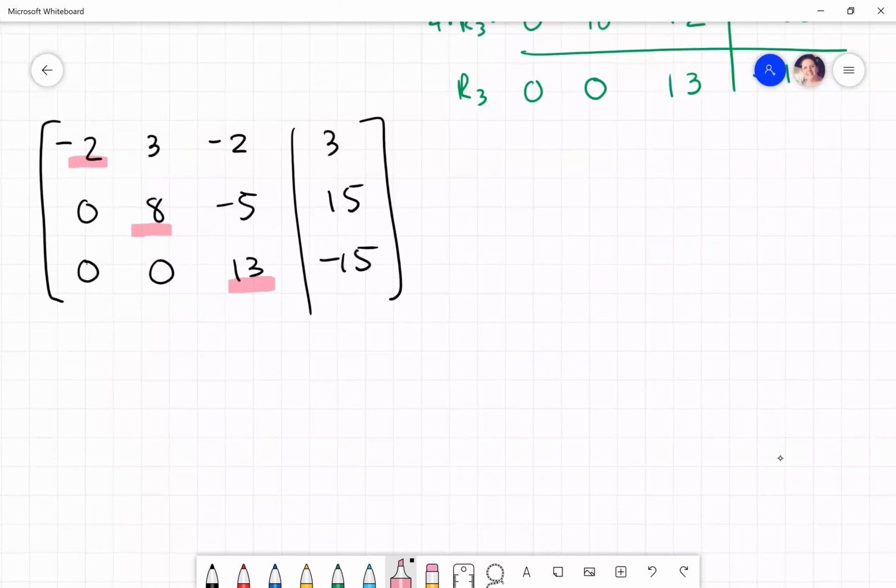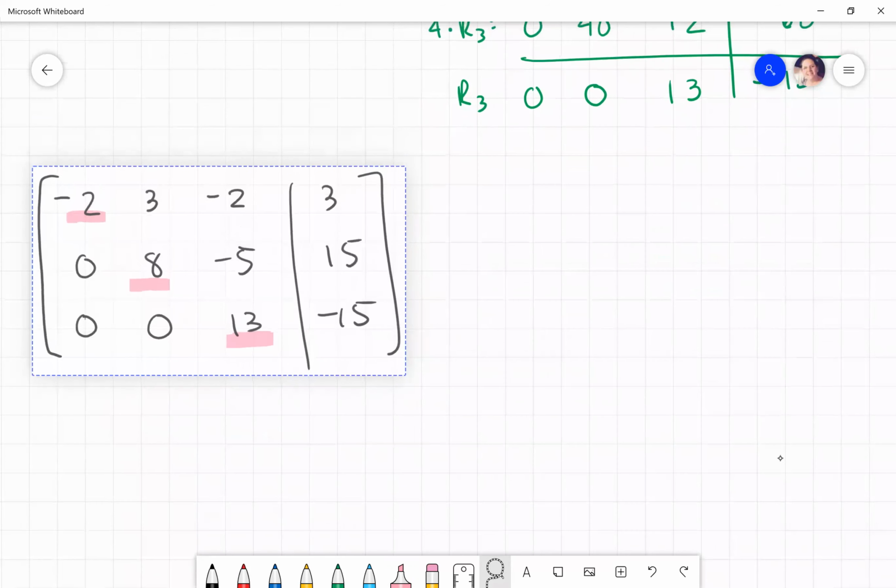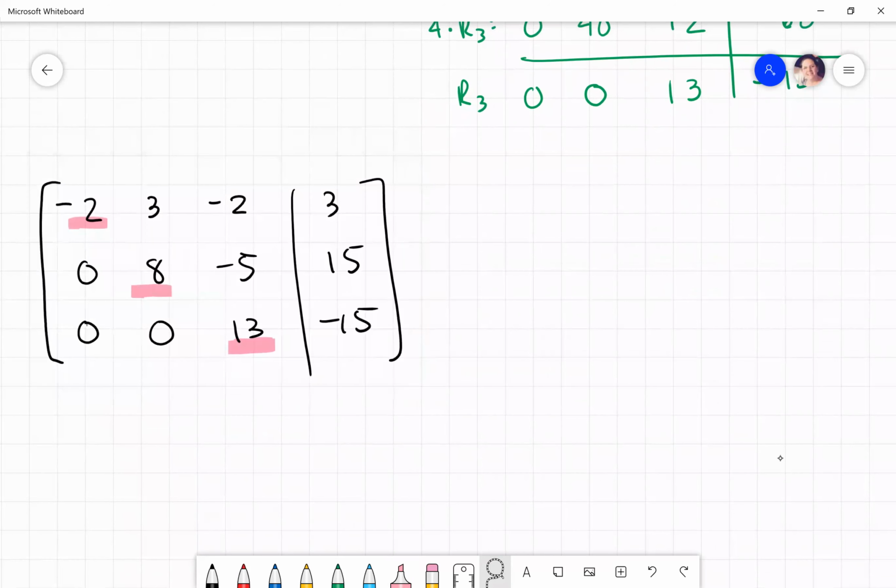So let's just do it. I just want a little bit more room here. Bring it down just a tad. So I'm going to multiply row 1 by -1/2. Now, why am I writing it as multiply by -1/2 as opposed to divide by -2?